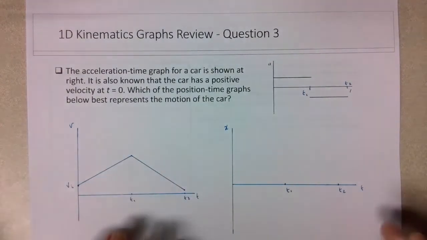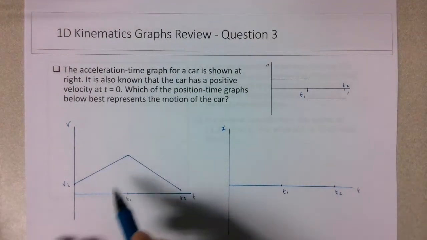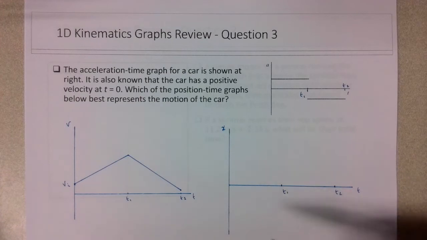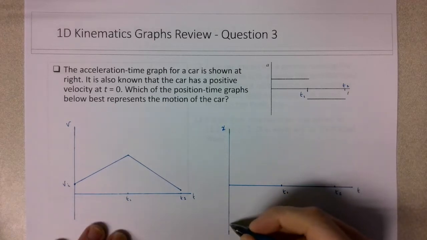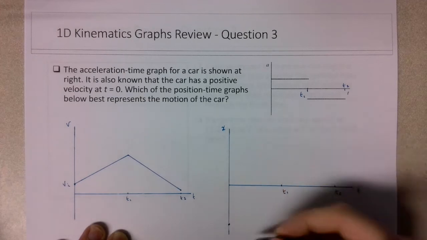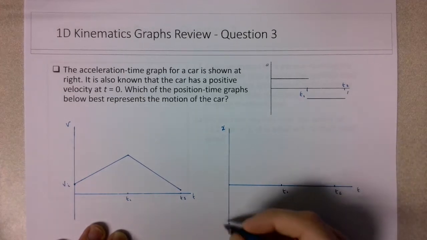Knowing that the object always has a positive velocity, the object will always move in the positive direction, so this should span a large change in x. So I'll start with an initial negative x position, so I can use the whole graph here. You could also have moved the time axis down, that's completely fine.